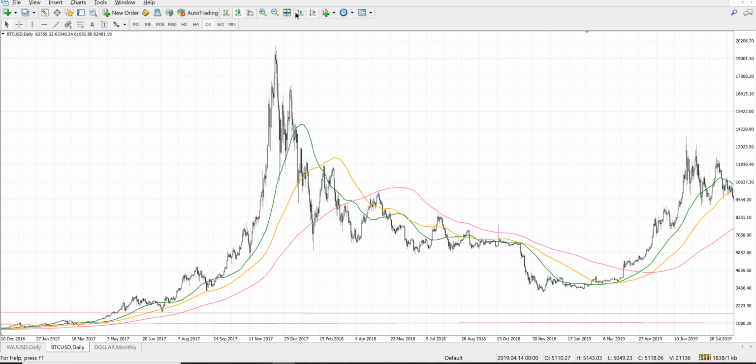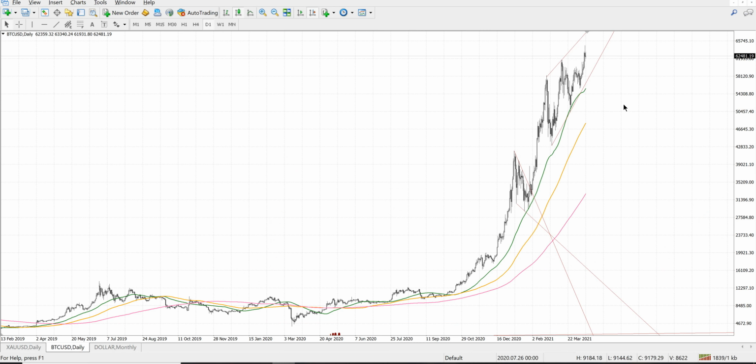So let's take a look at this on the daily. Now, falling wedge would price target around 42, 45 for its correction after it completes.